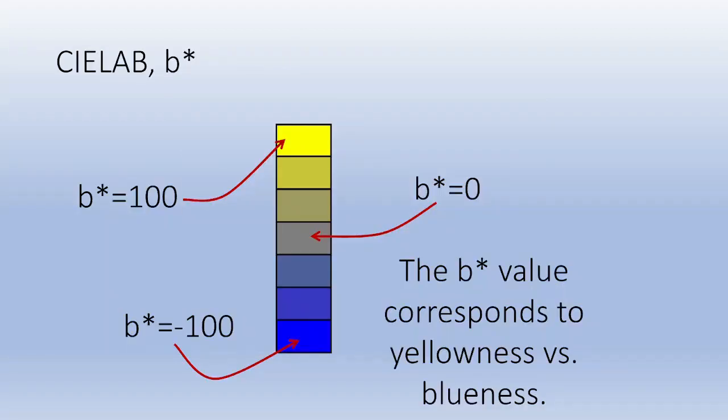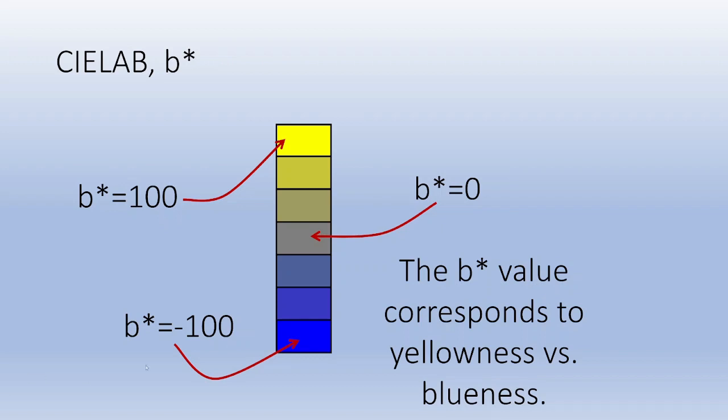On to the third attribute of color, which is called B star in the CIELAB system. B star tells us whether it's yellowish or bluish, which may sound an awful lot like the, what was that called? The color opponent system of Hering. That's the guy. Yes, these are the Hering color opponents, yellow versus blue.